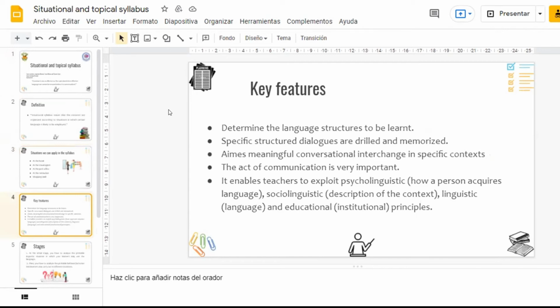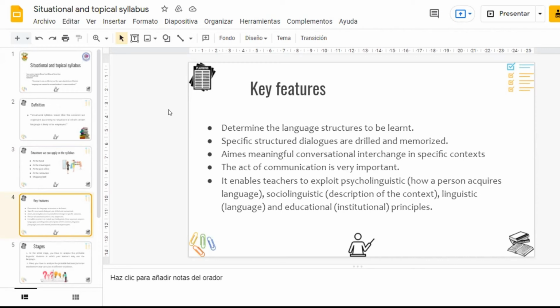Some of the key features of this syllabus are that it states what language is going to be learned depending on the situation. Like Karima said, you have different settings in which you can use the syllabus. Of course, you're not going to teach about clothes if the context is a restaurant, right? So that's what we have to take into consideration.